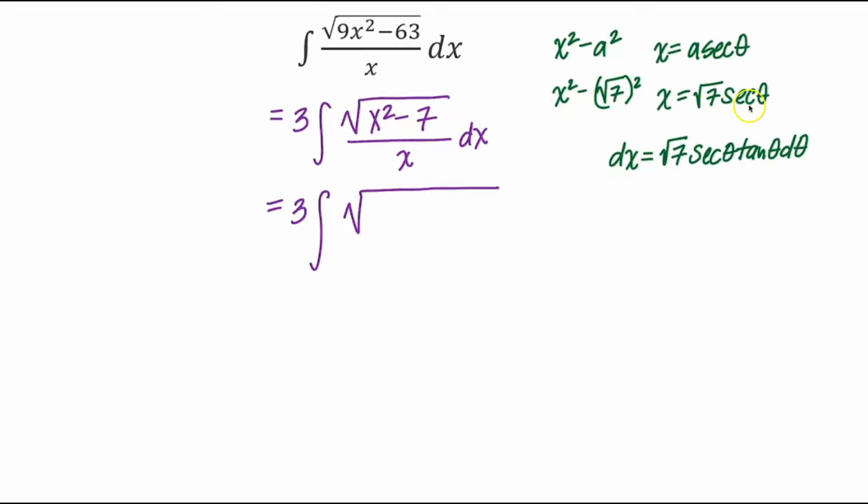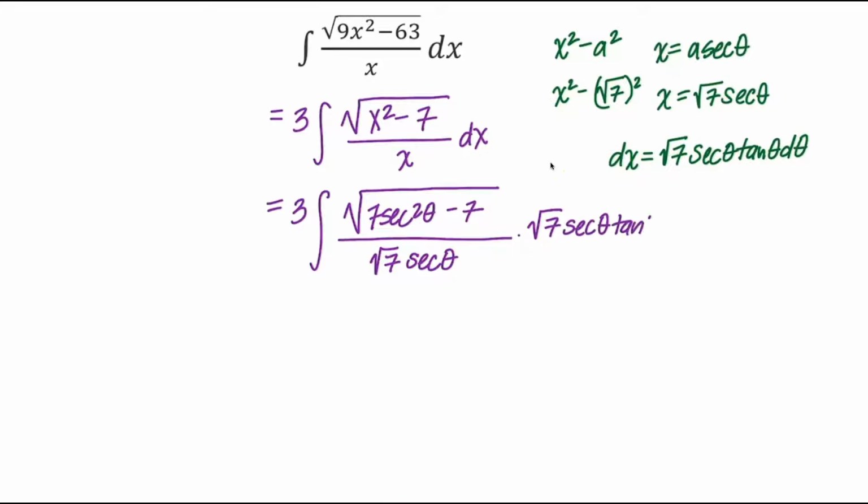Well, x is radical 7 secant theta, so that's going to be 7 secant squared theta minus 7 over x, which was the square root of 7 secant theta. And we don't want to forget to replace dx. dx is the square root of 7 secant theta tangent theta d theta.